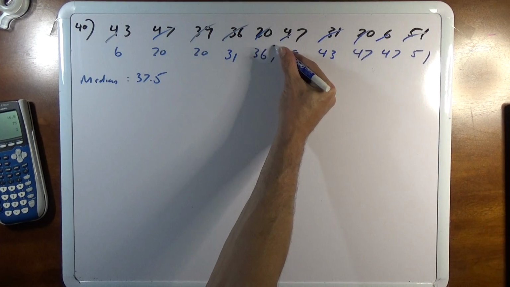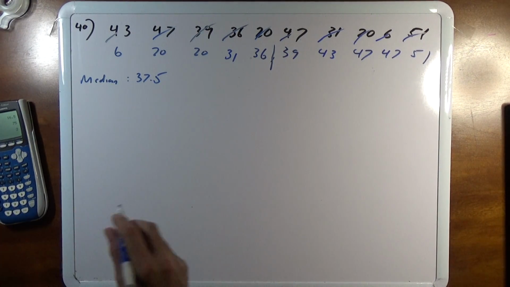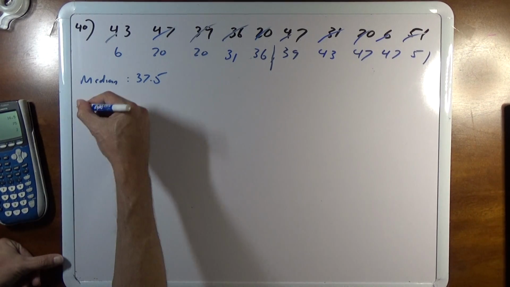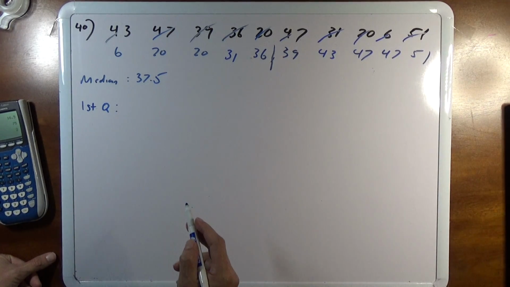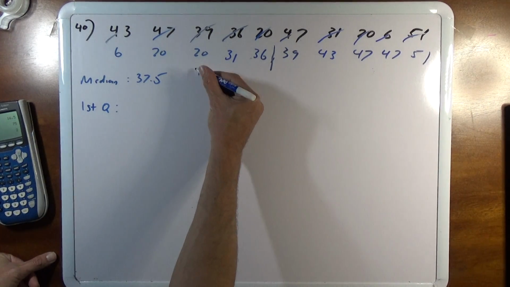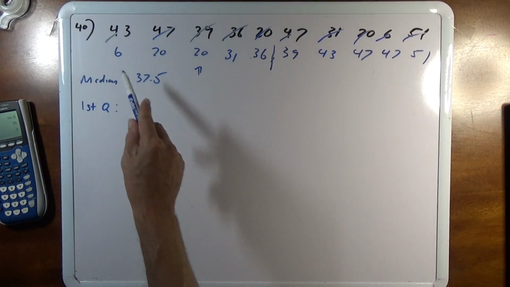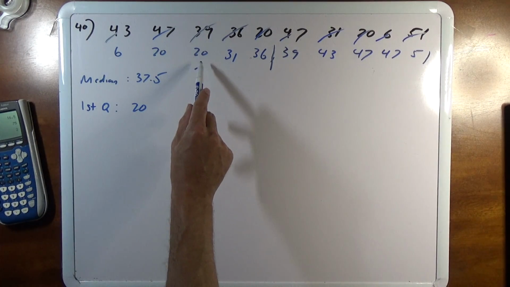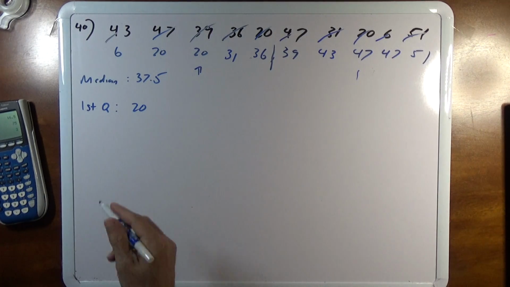If you had just one median, you would ignore it for the IQR, for the first quartile and the third quartile. So looking at these, 20. Because now I have 1, 2, 3, 4, 5, an odd number, so the median of that lower half will be 20. And here it'll be 47.